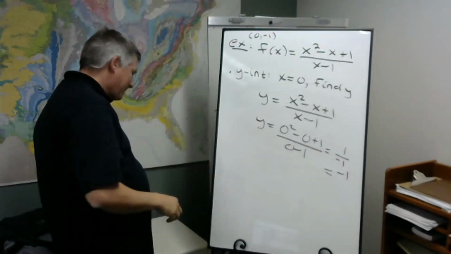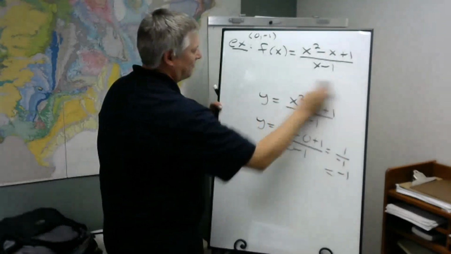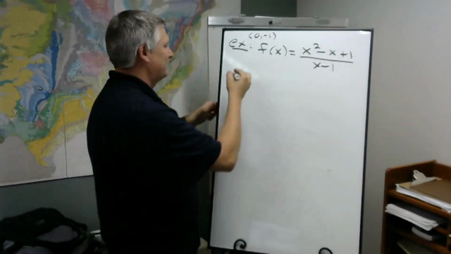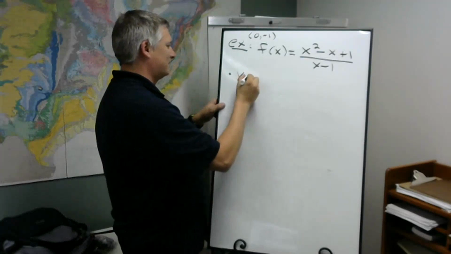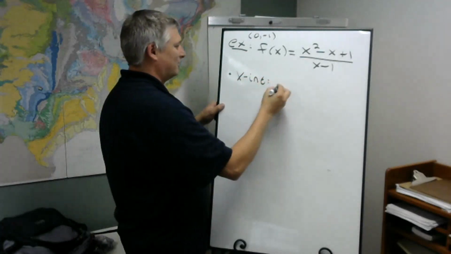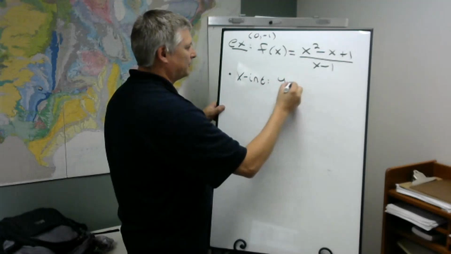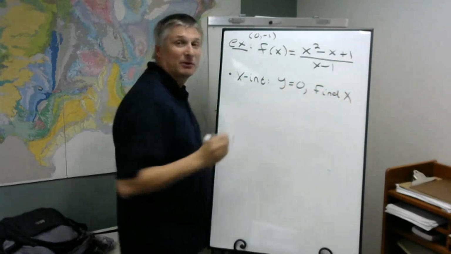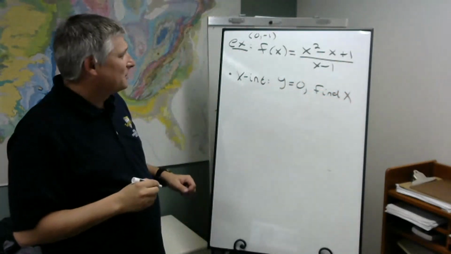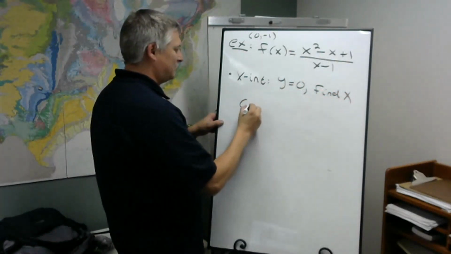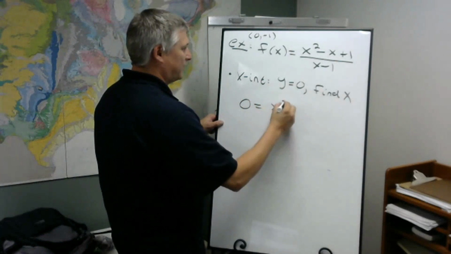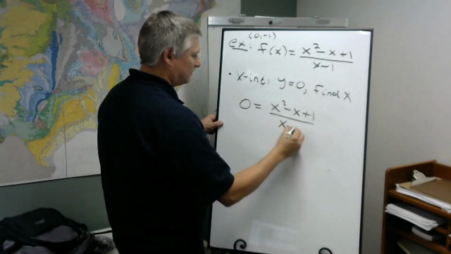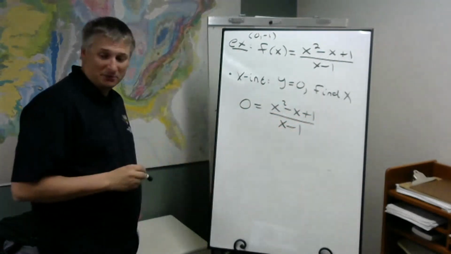Now for the x-intercept, I'm going to switch things up. We're going to let y equal 0. We're going to find x. So in that case, we'll get 0 equals x squared minus x plus 1 over x minus 1.